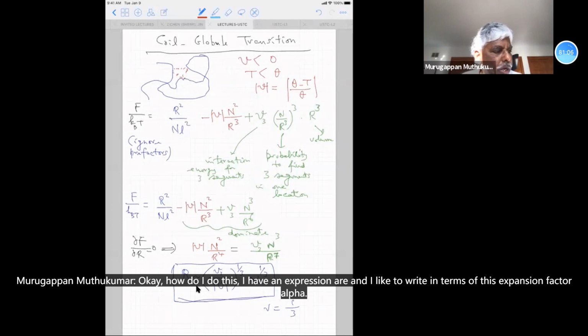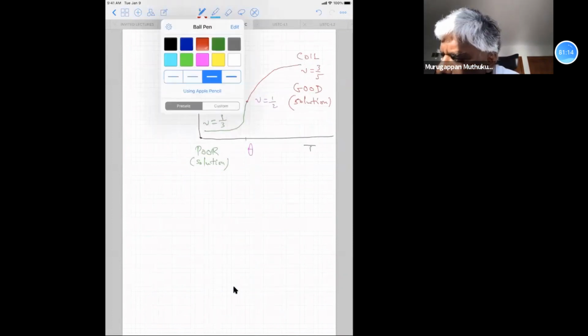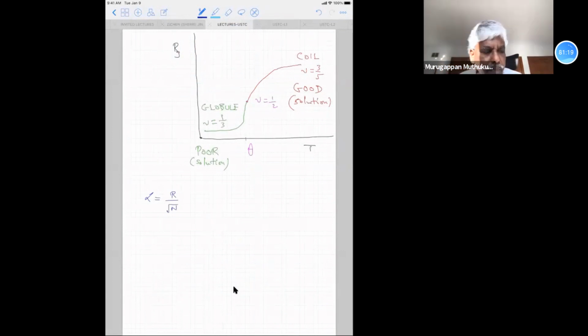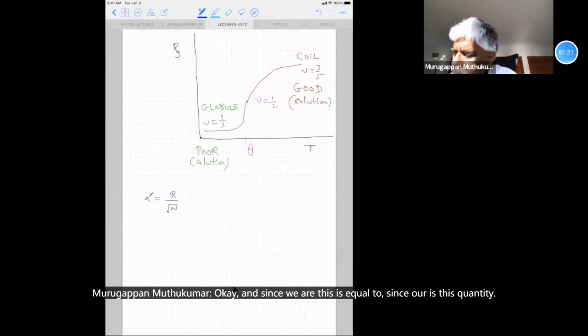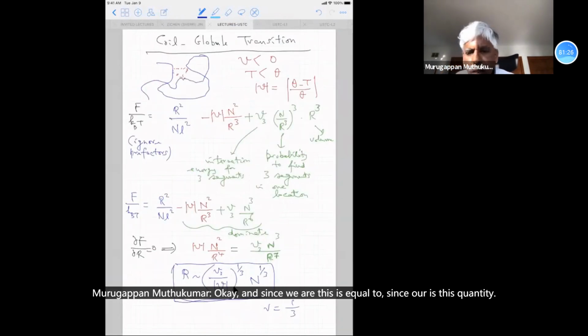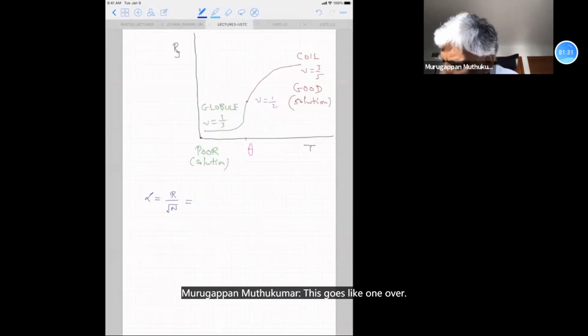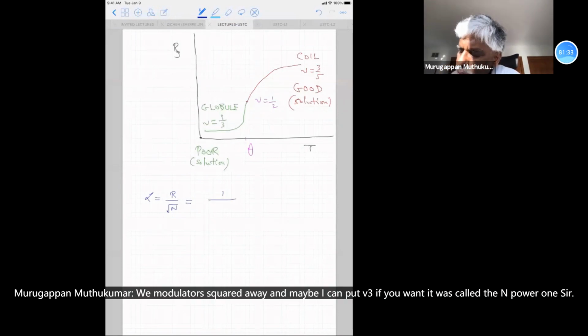I have an expression for R, and I'd like to write it in terms of the expansion factor alpha, which is equal to R by square root of N. Since R goes like 1 over modulus V, maybe I can put V3, by square root of N, to the power 1/3.